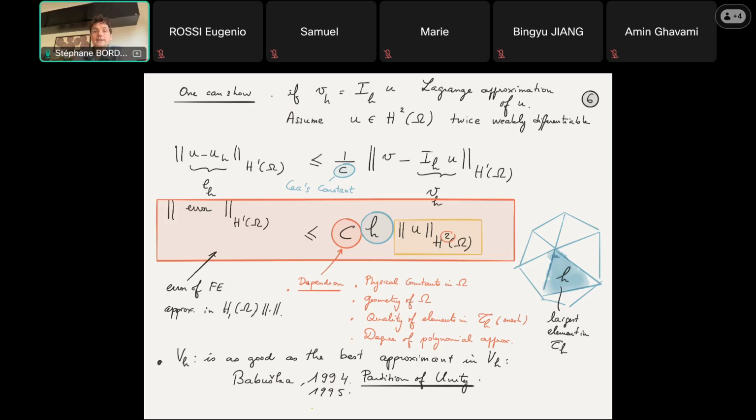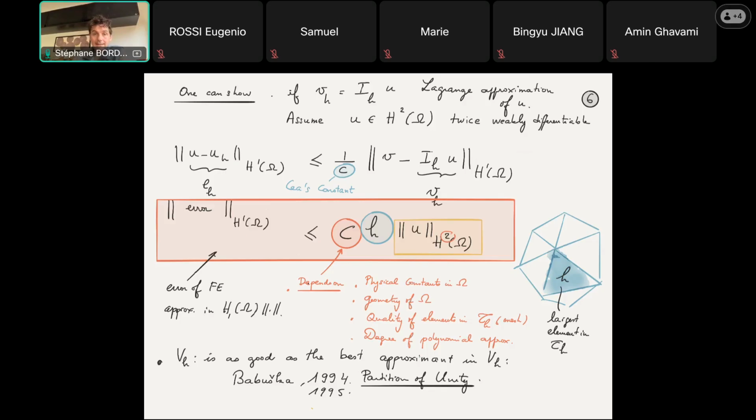And we are able, thanks to Céa's work, to bound it, meaning to find an upper bound to which this difference is always smaller, which is in essence equal to V, meaning any function of the exact solution space, minus the interpolation of U, which is what the finite element solution is trying to do. Also measured in the same norm.